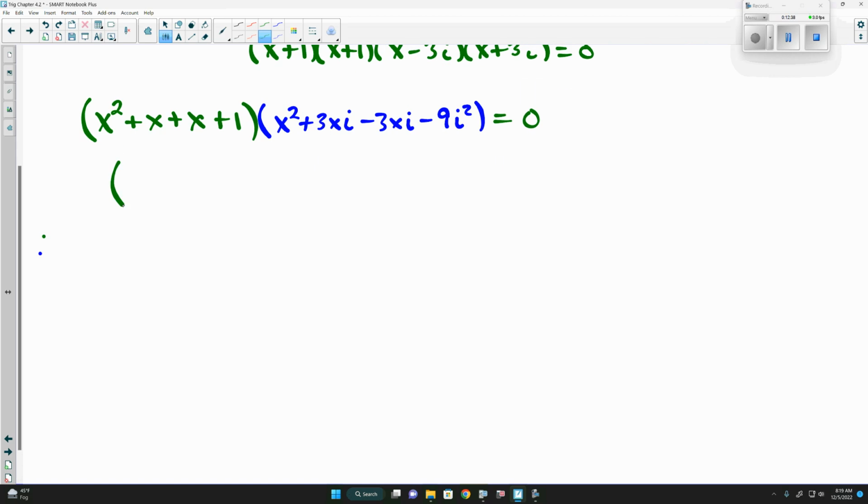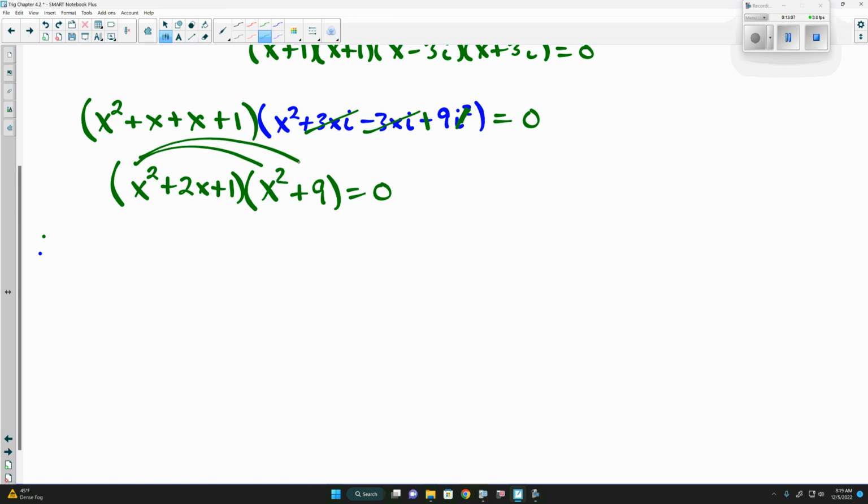Now we can combine like terms, telling us we have x squared plus 2x plus 1 times, here we'll have x squared. 3xi minus 3xi is 0. And the i squared is going to make that plus 9. Now the last thing we need to do is multiply these two together and then simplify and we're done. X squared times x squared is x to the 4th.